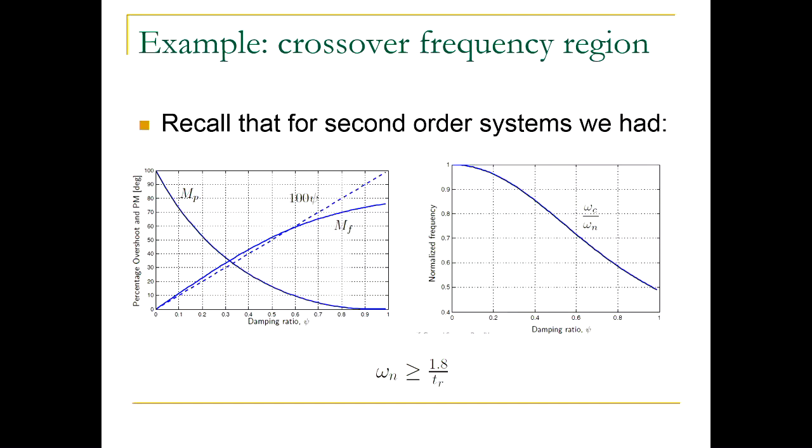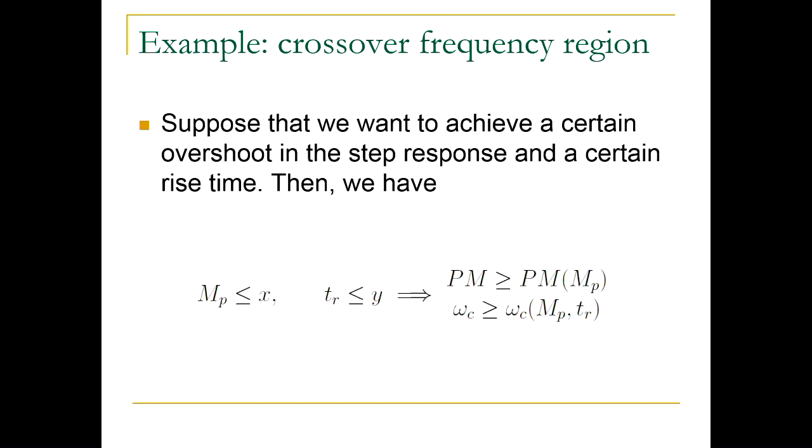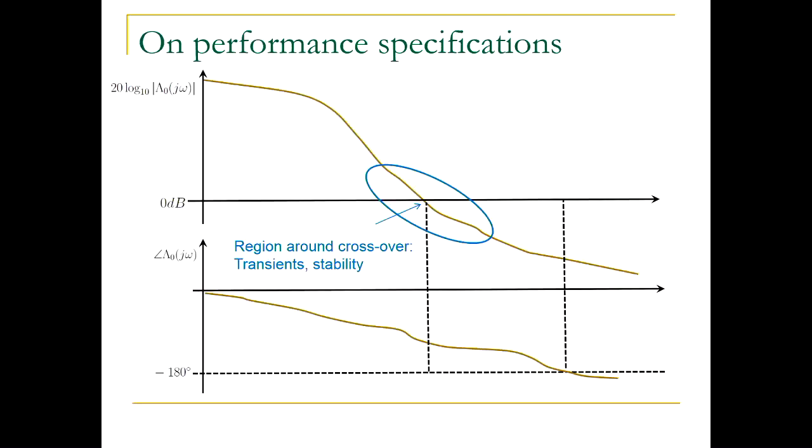Okay. So now, going back to my original claim, whatever is happening in this region, both in the gain and phase characteristics around the crossover frequency, is related to stability and transients. So by moving the crossover frequency and ensuring certain phase margin at those frequencies, we will be affecting the overshoot, rise time, and also stability.